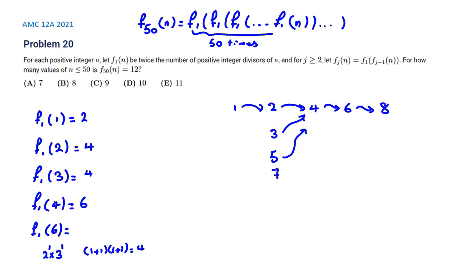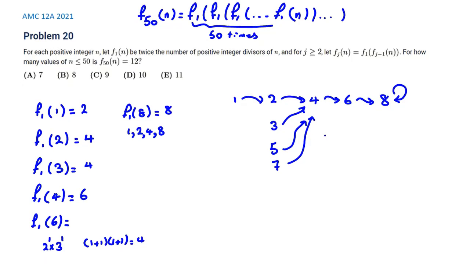Okay, now 7 is prime, goes to 4. And 8 goes to what? f1 of 8. 8 has how many divisors? 1, 2, 4, 8. It has 4 divisors, so twice that is 8. So 8 goes to itself. So we understand all these numbers are bad, because after 50 steps we want to reach 12. Okay, so prime numbers, all these numbers are bad.